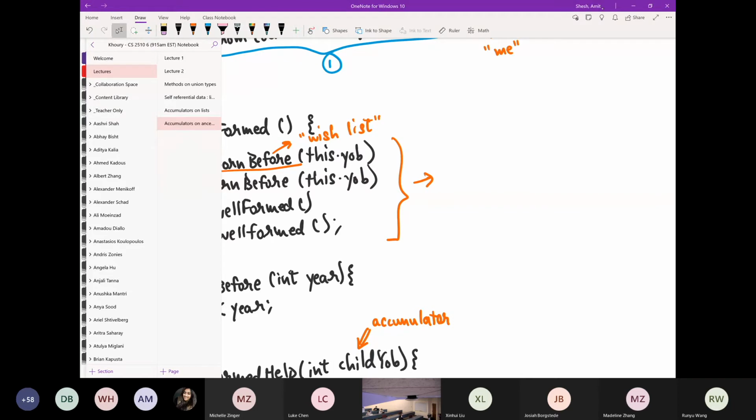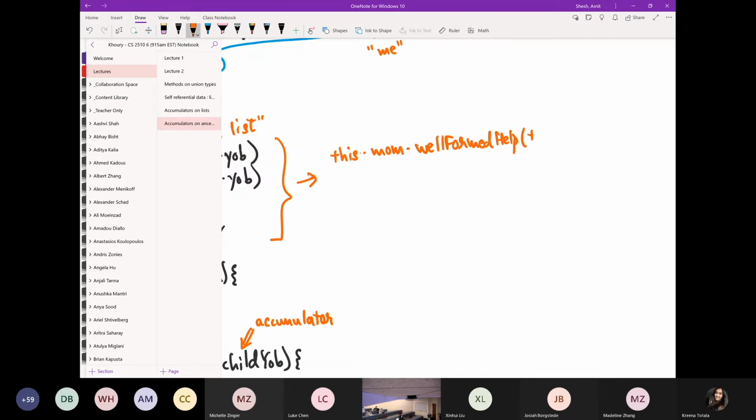Well, it's well-formed if my mom's tree is well-formed, given my year of birth, and my dad's tree is well-formed, given my year of birth.